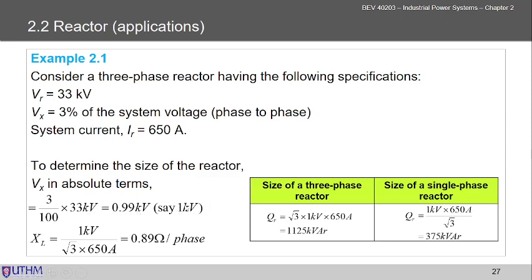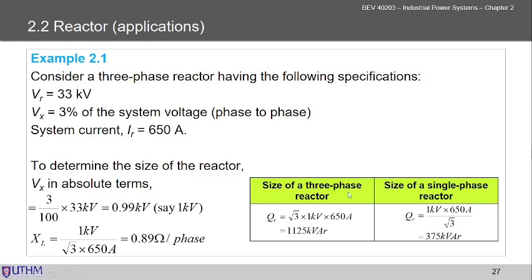Then we use this 1 kV to obtain the XL. The XL is 1 kV divided by square root 3 times 650, so you obtain 0.89 ohm per phase. That is the reactance.